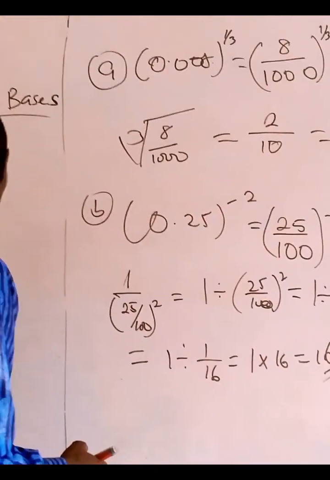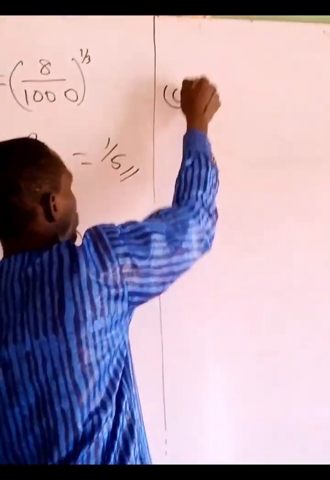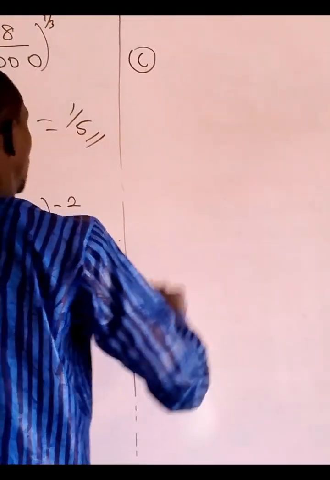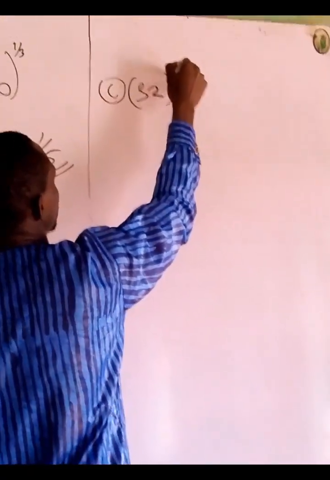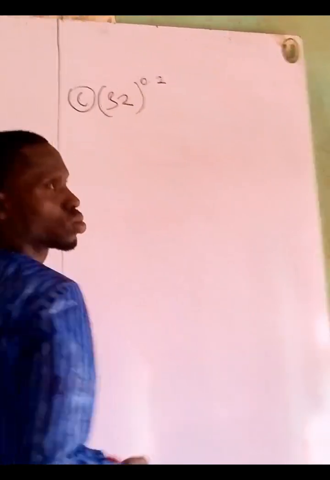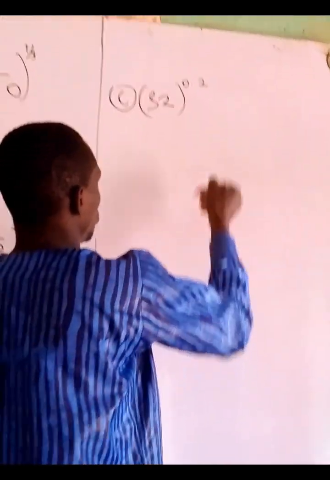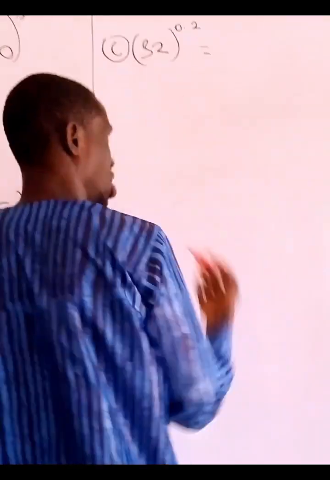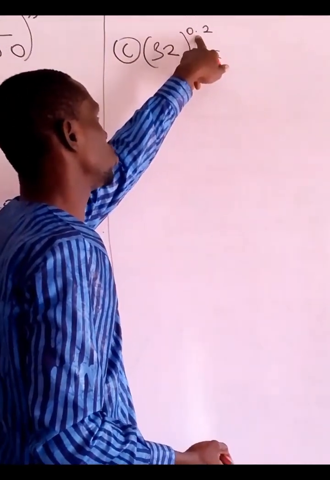So let's take the third example before we call it a day. 32 raised to the power of 0.2. Of course, as we did to the other ones, same thing we do to this. This is decimal, so we change it to fraction.